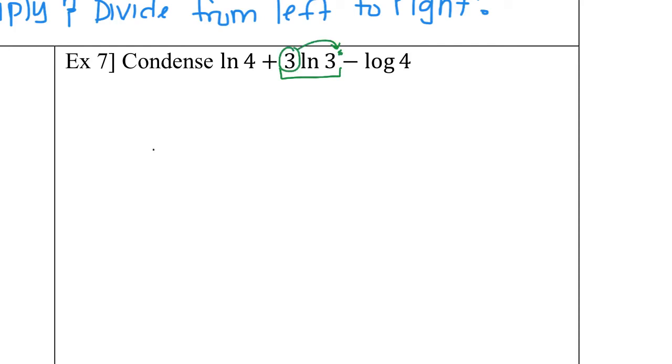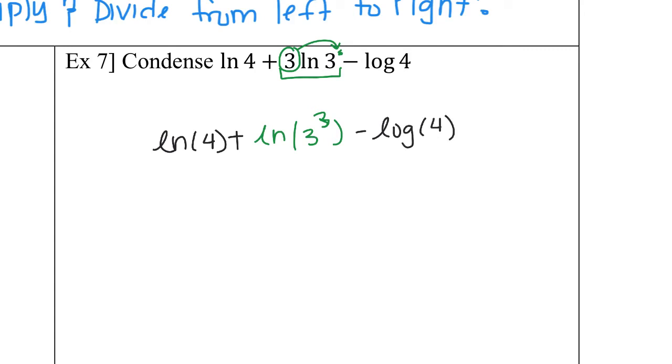So we're going to have natural log of 4 plus natural log of 3 to the third minus log of 4. Now, instead of waiting to simplify at the end, you can simplify now. 3 to the third power is actually 27. You can simplify as you go if possible.